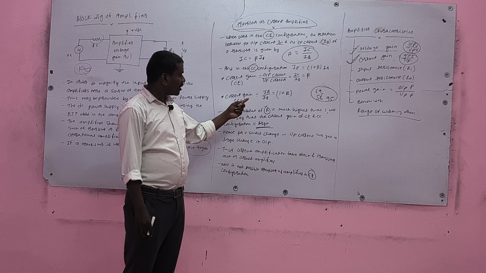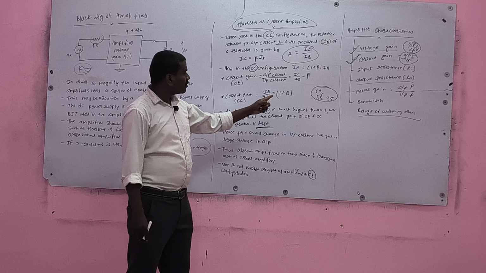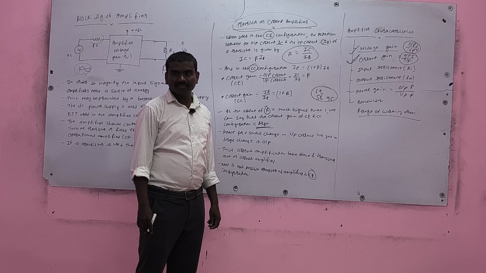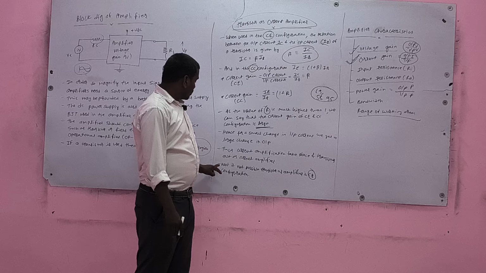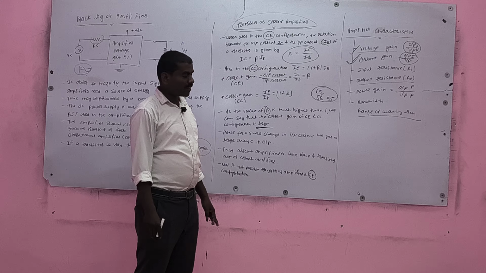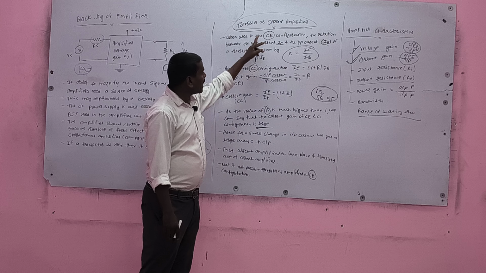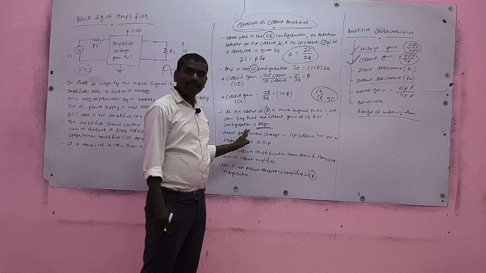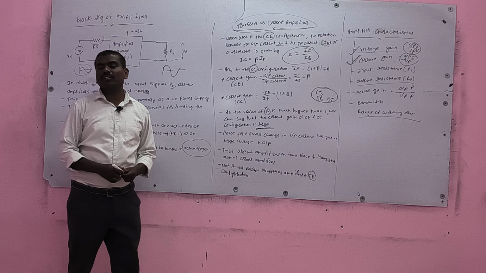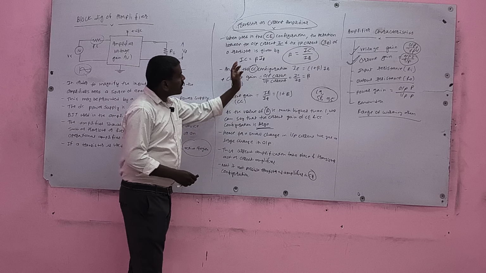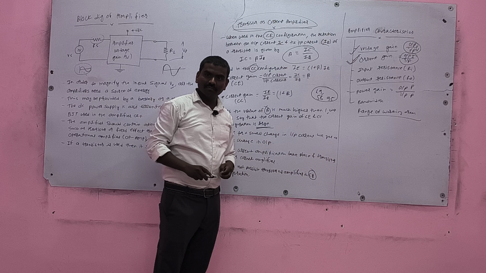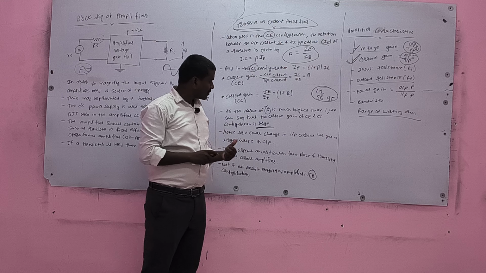Why? Because in CB configuration the value of beta is not considered. Okay. So the value of beta is not much more than 1. So that's why in both CE and CC configuration current amplification takes place, but in CB configuration current amplification is not possible. So current amplification only takes place in CE and CC configuration and not in CB. Are you getting this? So write down this.